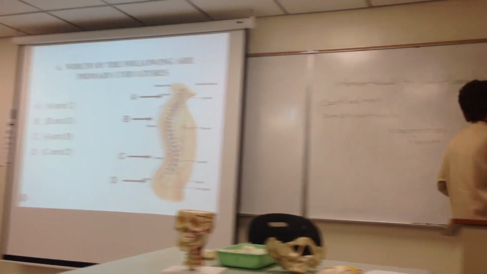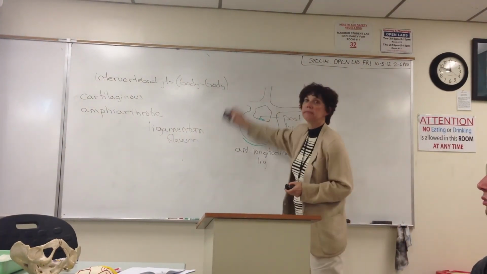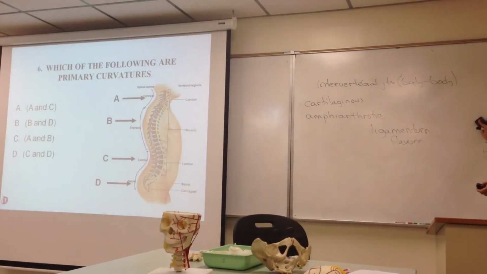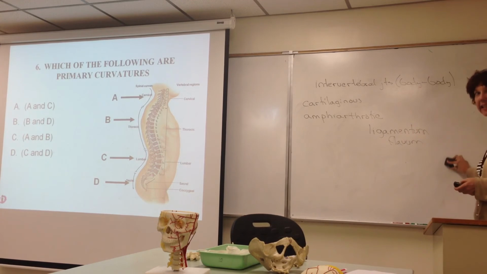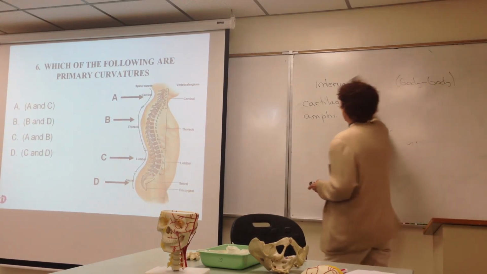So which of these would be primary curvatures? Cervical, thoracic, lumbar, or sacral? Thoracic. And then the other one would be the sacral, okay?